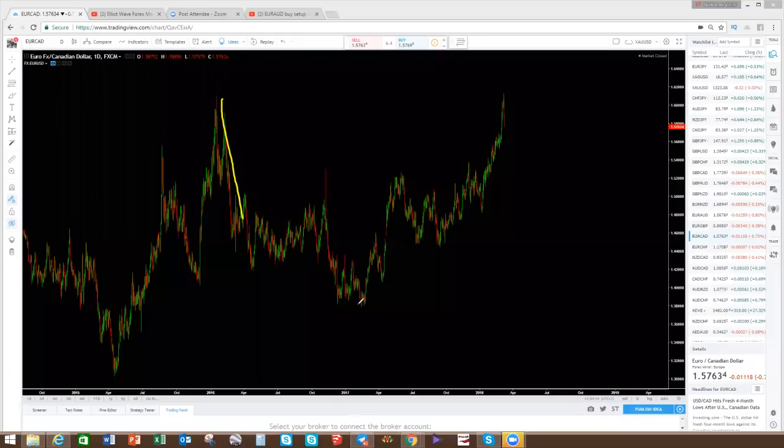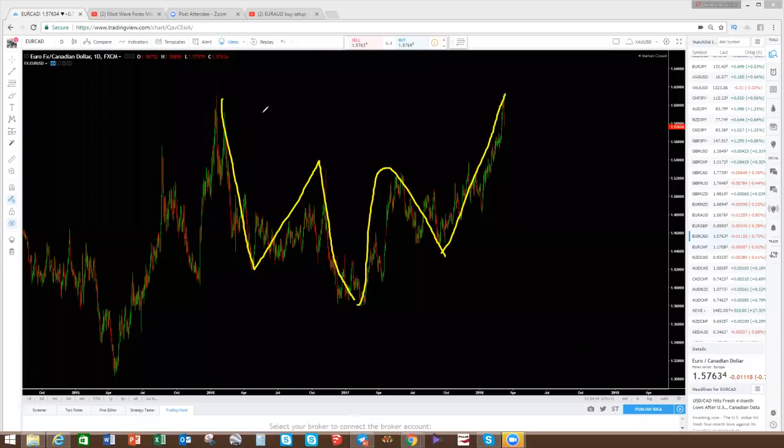Because I was looking at the structure, a 3-3 flat. So if it retests now, two things can happen. Either we are going to get an impulsive move to the downside for a bigger flat. Okay? Or we can still continue with the one impulse. We already have an impulse on the 4 hour with a 3-wave pullback for another move to the upside, or come back to retest here at least.